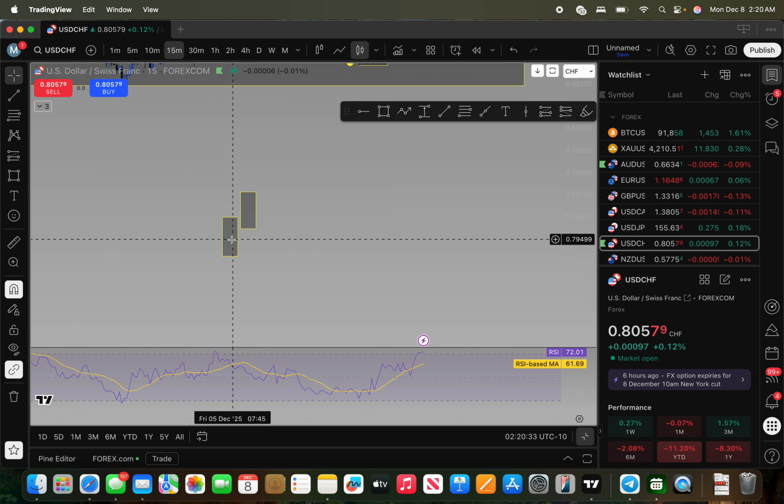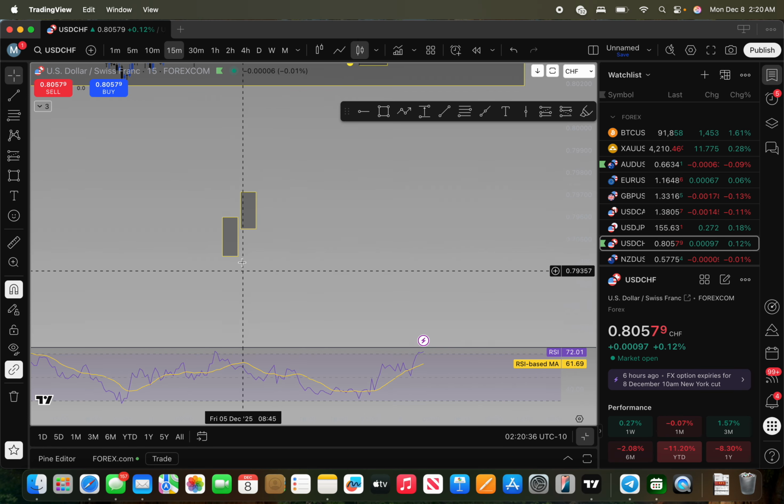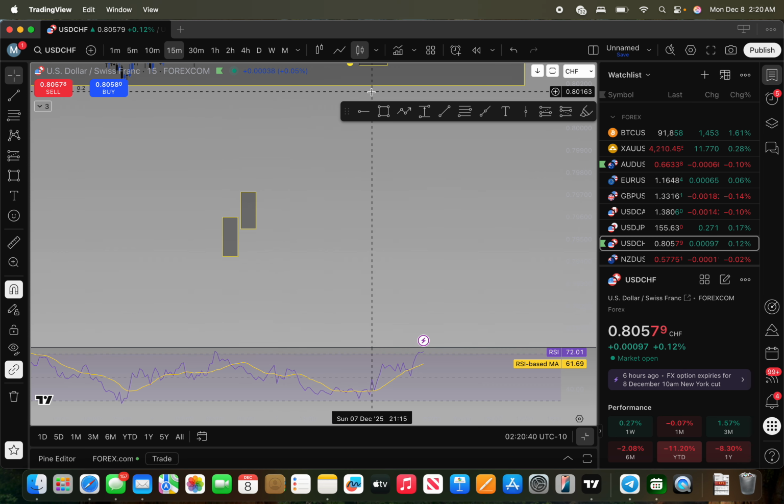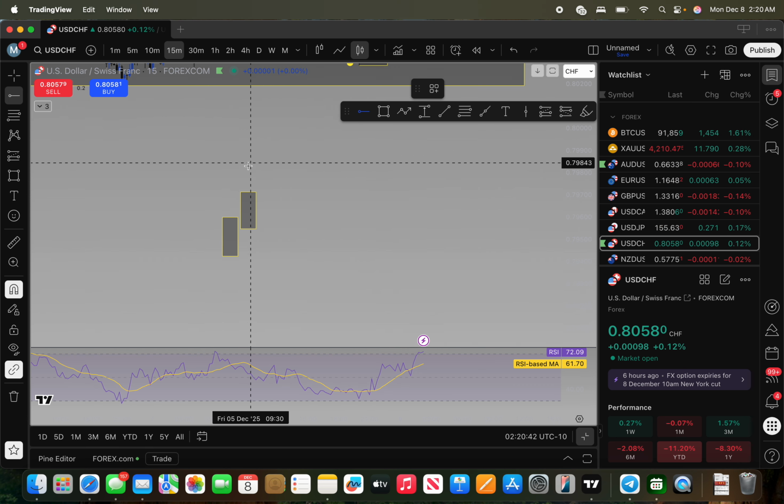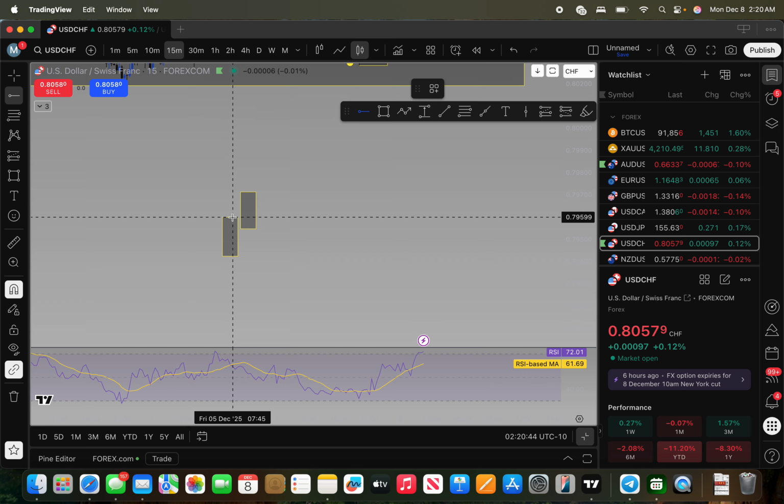it needs to make a candle, and then on the second day it needs to push up and break this candle, which creates a new POI, just like this.